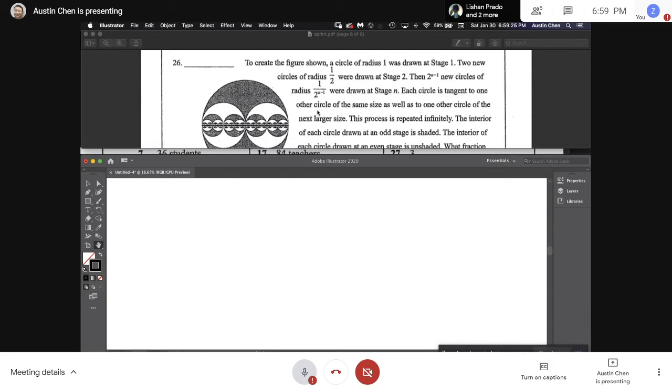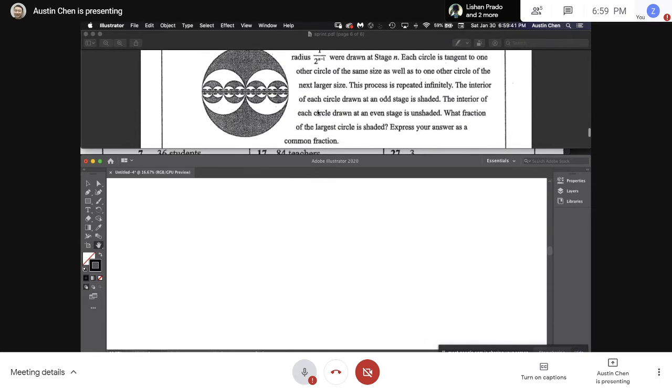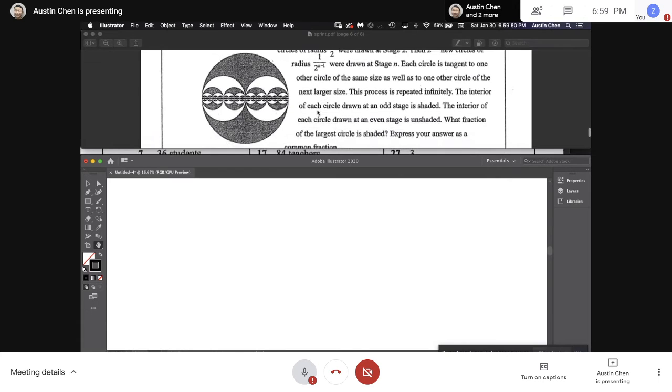Each circle is tangent to one other circle of the same size as well as to one other circle of the next larger size. This process is repeated infinitely. The interior of each circle drawn at an odd stage is shaded. The interior of each circle drawn at an even stage is unshaded. What fraction of the largest circle is shaded? Express your answer as a common fraction.